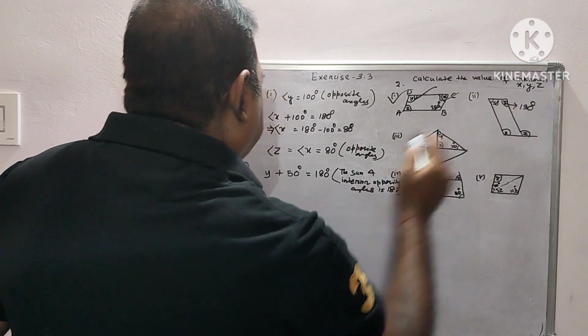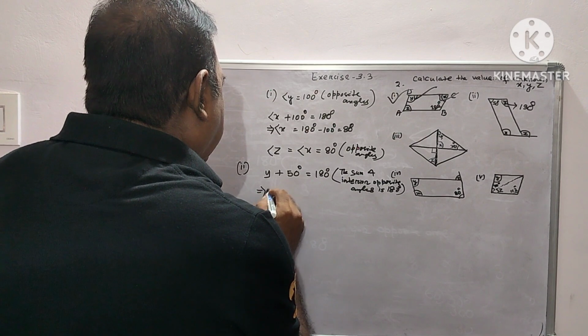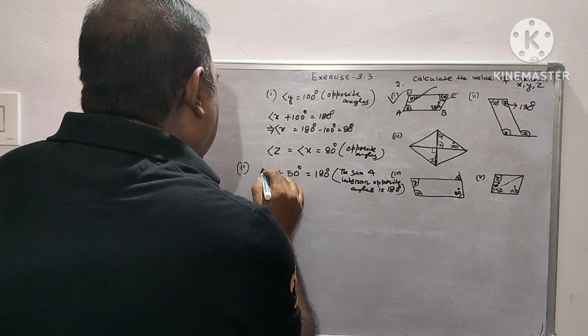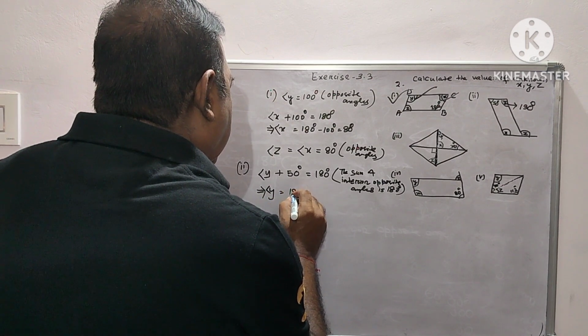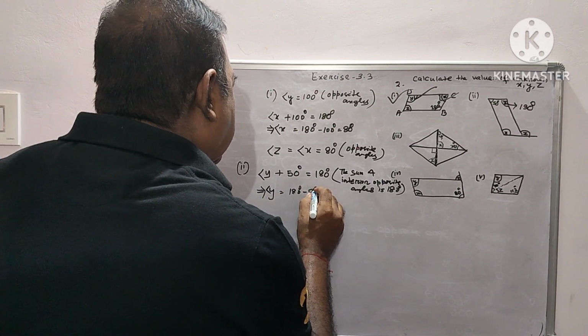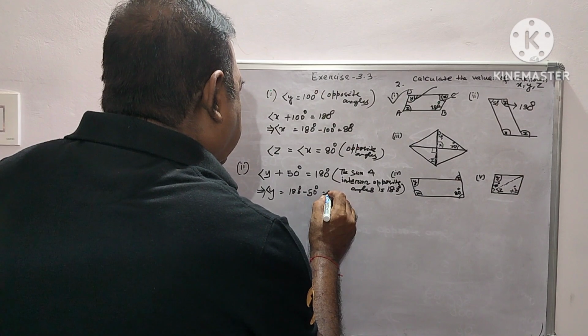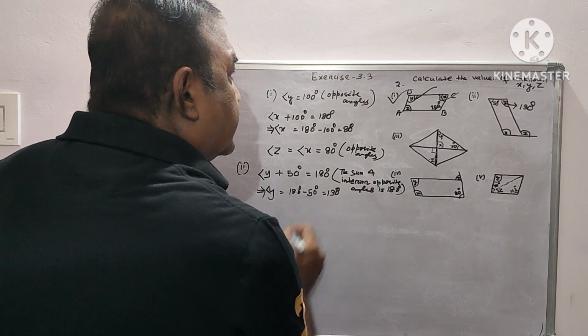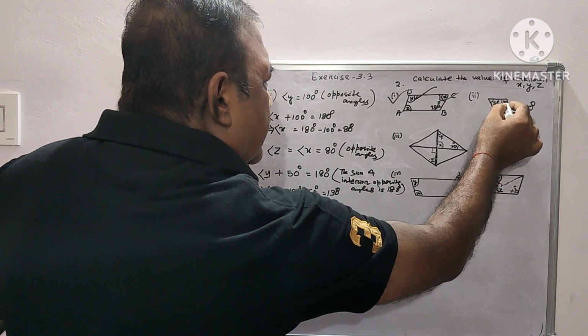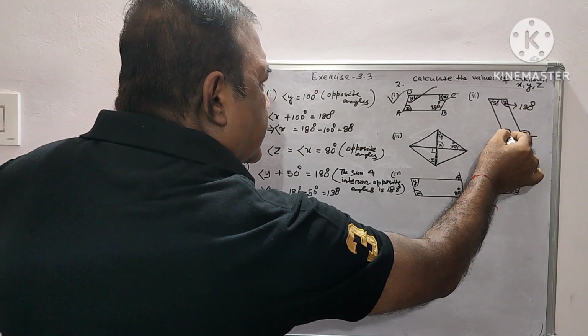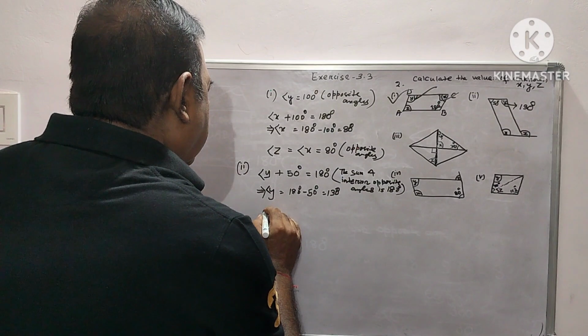That implies angle y is equal to 180 degree minus 50 degree, so that will be 130 degree. So this is 130 degree, and you see angle y and angle x both are opposite angles.